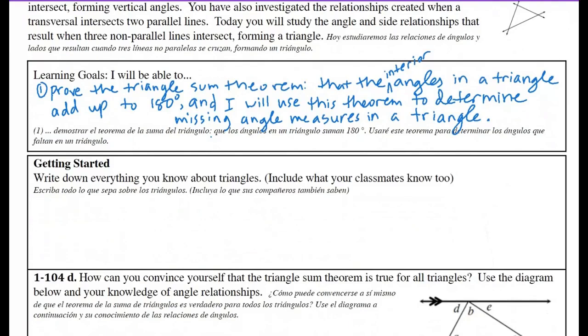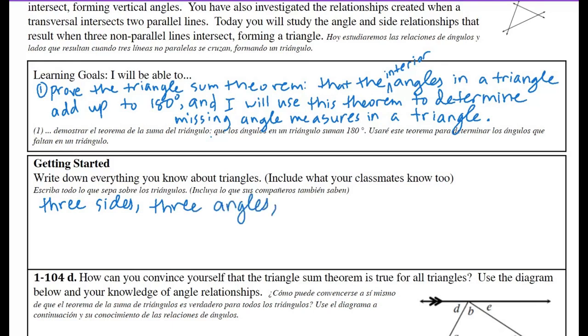Getting started. Let's write down everything we know about triangles. Include what your classmates know too. Please take a moment at home to go ahead and write down everything you know about triangles. Okay. A lot of the things that I commonly hear would be that triangles have 3 sides, 3 angles.